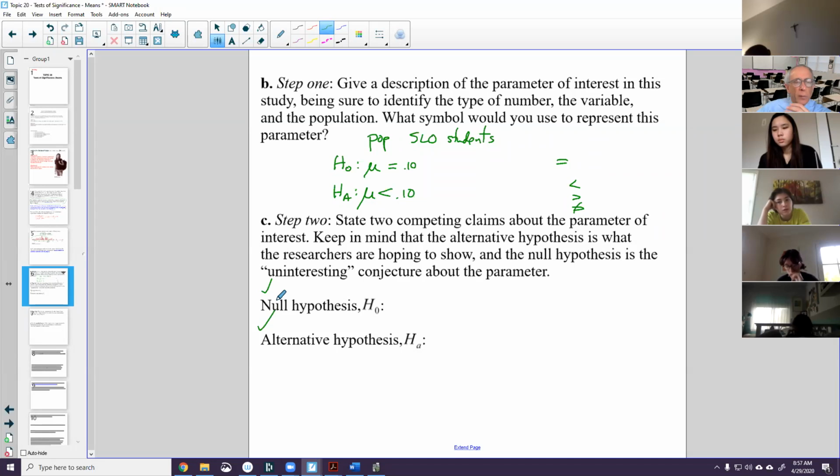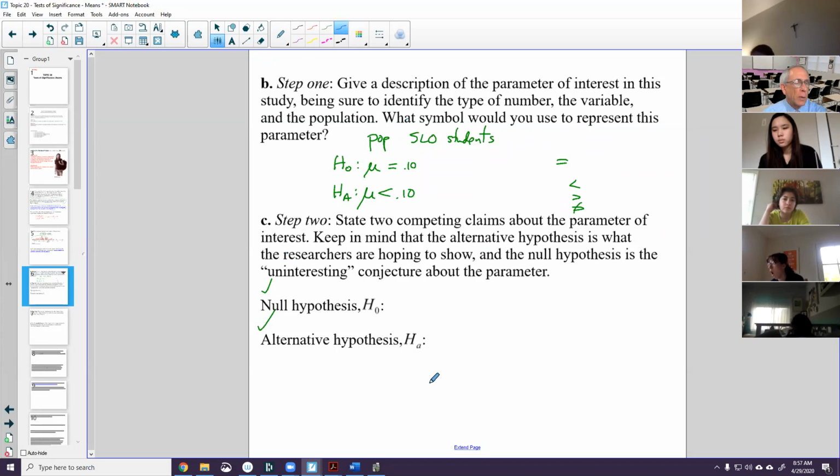Well, the null hypothesis is always going to be that it's equal to something. Here's how I'm thinking, and then we'll see what the solutions say, because I'm not always right, as you're well aware.